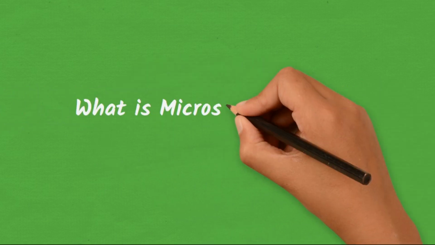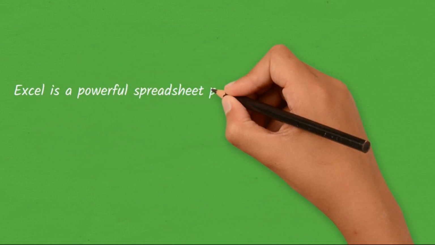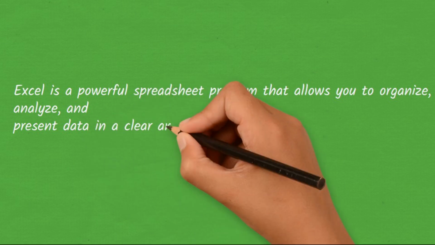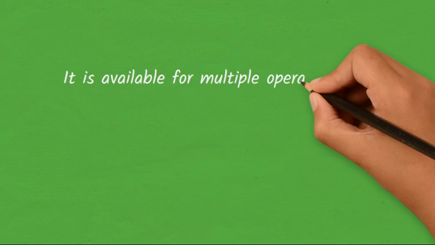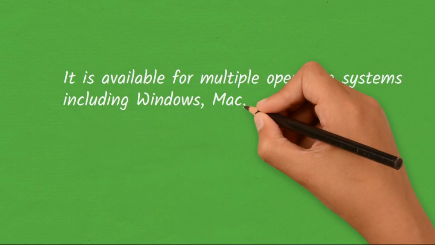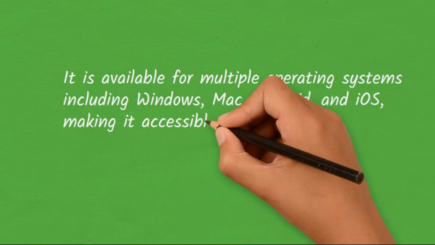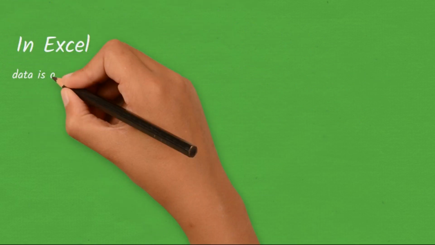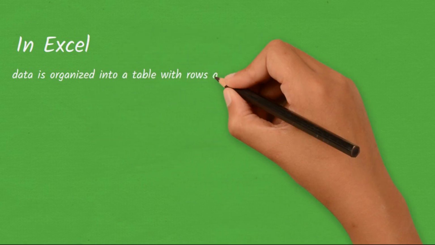What is Microsoft Excel? Excel is a powerful spreadsheet program that allows you to organize, analyze, and present data in a clear and visual way. It is available for multiple operating systems, including Windows, Mac, Android, and iOS, making it accessible for users across a variety of platforms. In Excel, data is organized into a table with rows and columns.